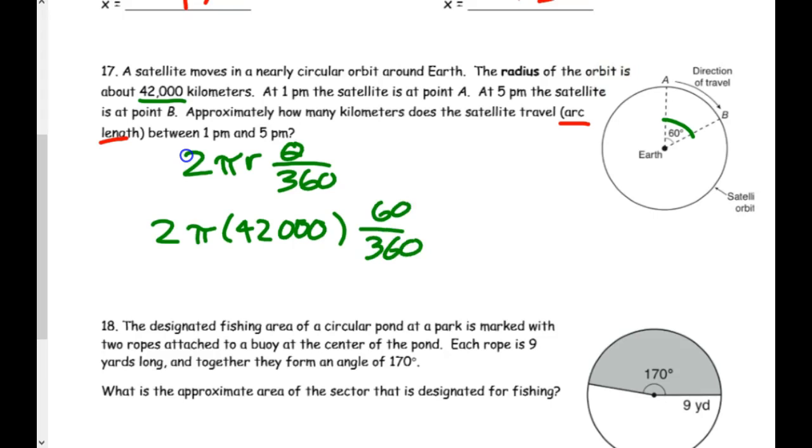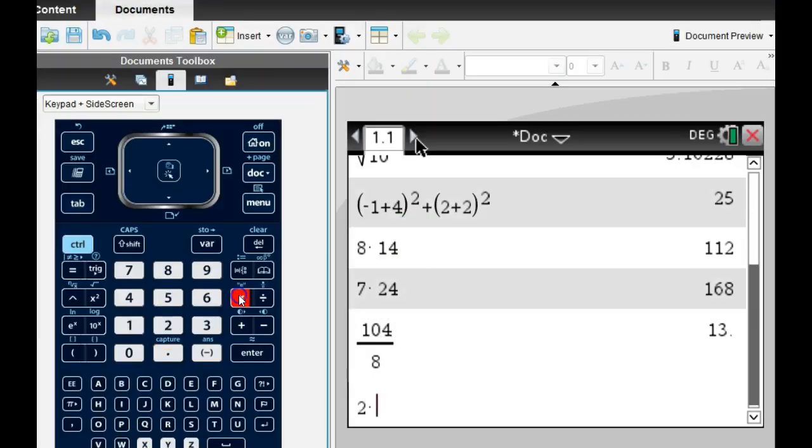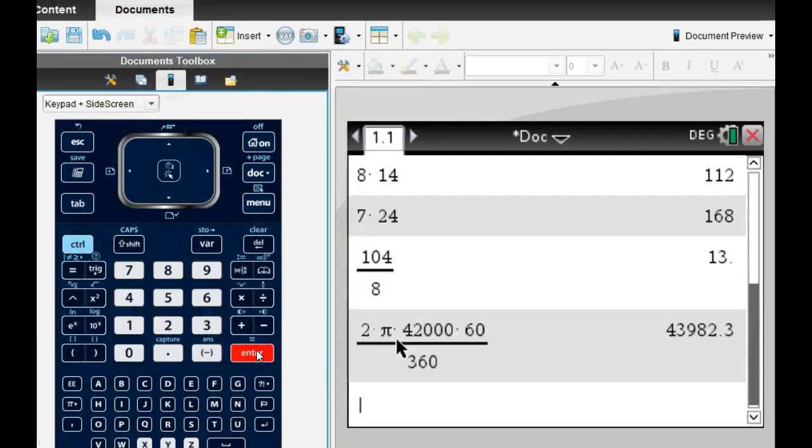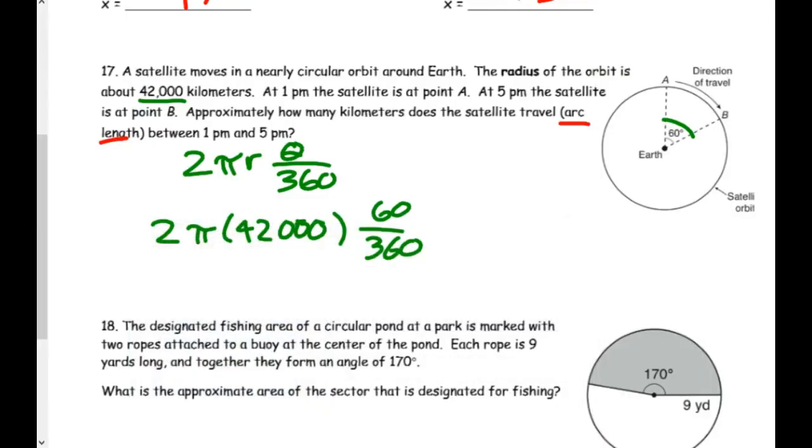So 2 times pi times 42,000 times 60 divided by 360. Right? And we hit enter. 43,982.3.